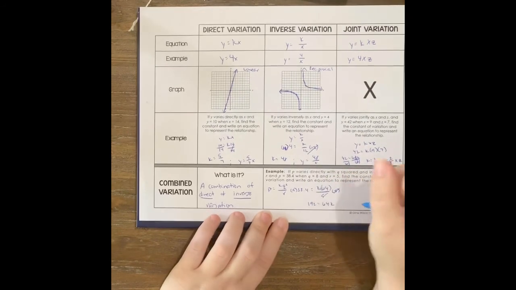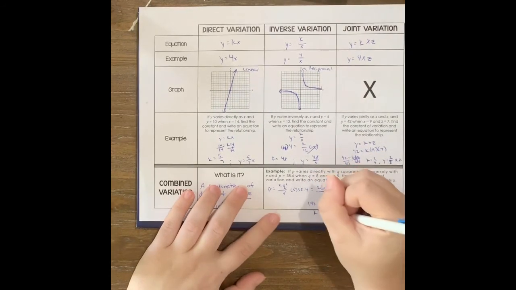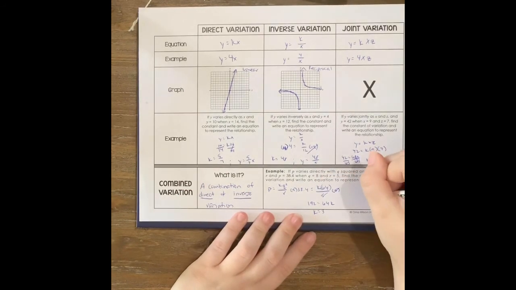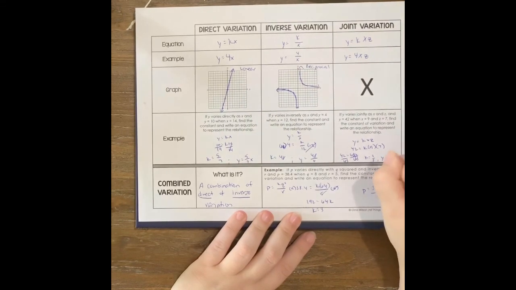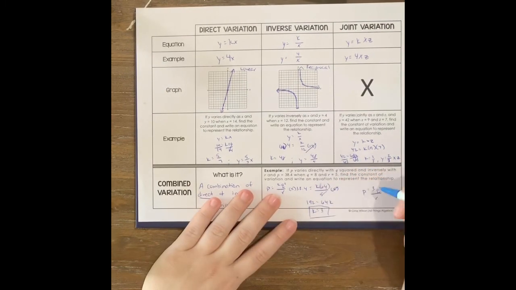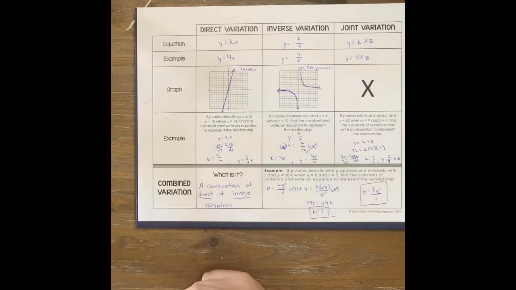Divide both sides by 64, and your k is going to equal 3. That means our equation here is going to be P equals 3Q squared over R. So that sums up direct variation, inverse variation, and joint variation.